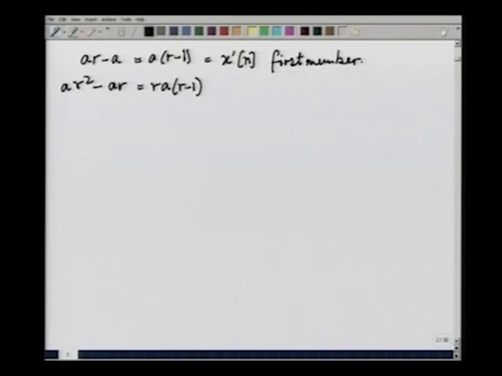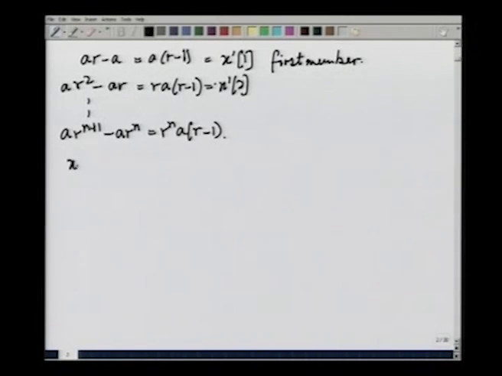So, this would be the first member, we could simply directly write as x dash of 1, x dash of 2. Similarly, if you go on, you would get a r to the power n plus 1 minus a r to the power n, which is equal to r to the power n times a r minus 1. So, this is the sequence you would get.